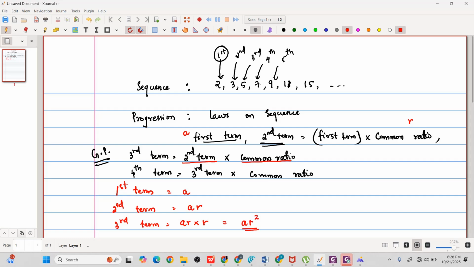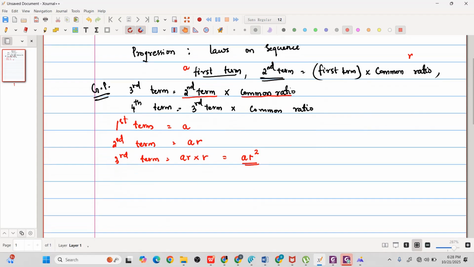The fourth term is obtained by multiplying the third term by the common ratio. The third term is AR square, multiplied by R again. So R square into R makes AR cube.